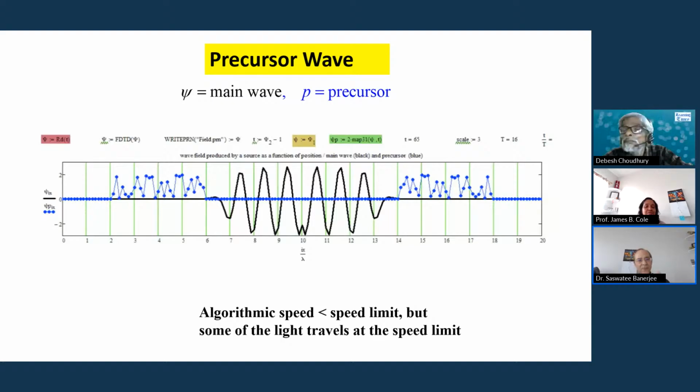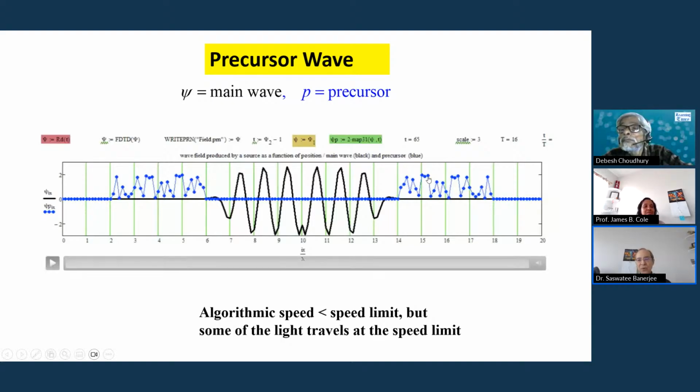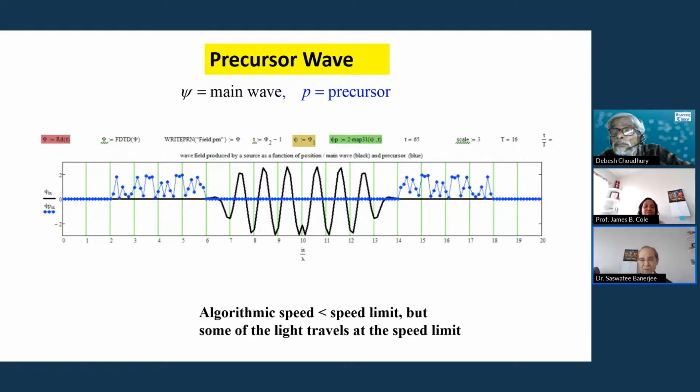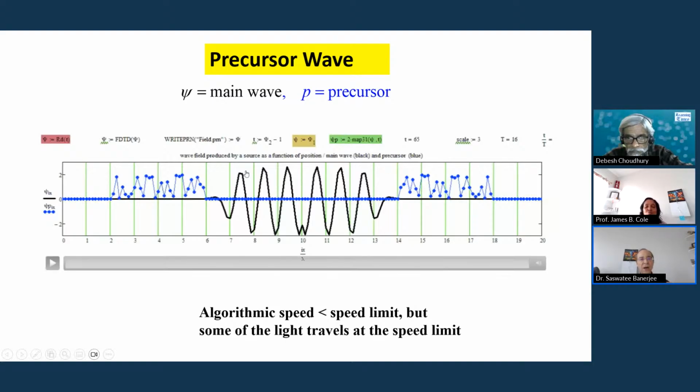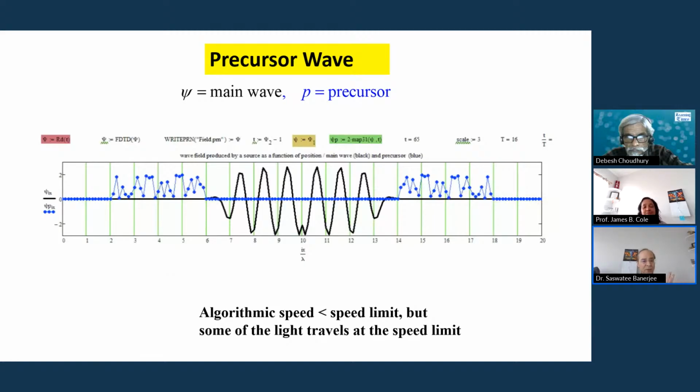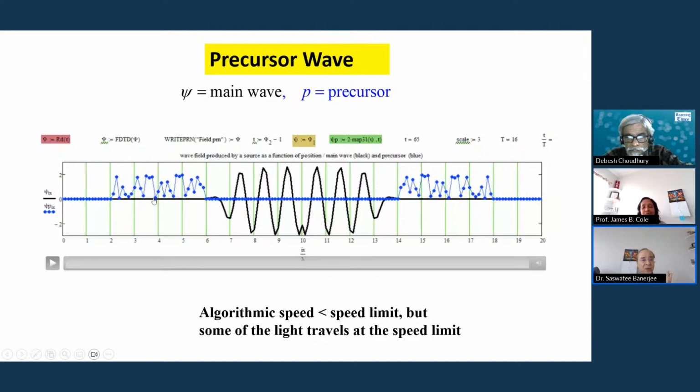But some light, a very small signal, is greatly magnified here. It is perhaps 10 to the minus 15 less than the real signal, so this is not a true scale. The black line is going at the real speed of light, and this is the main signal. This is what is called the precursor signal, and it's very small compared to the main signal.